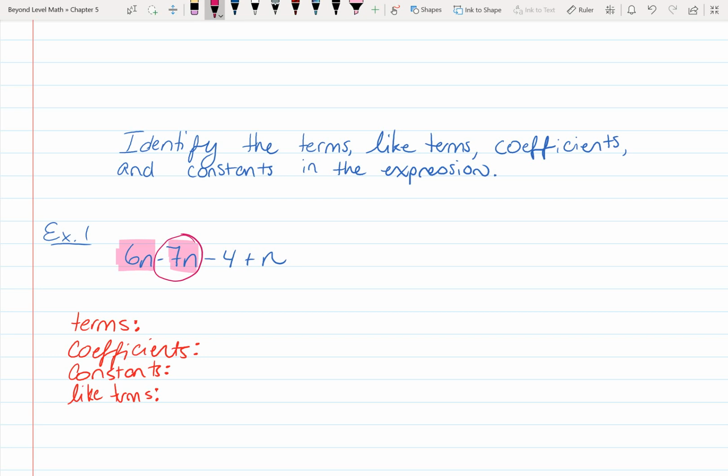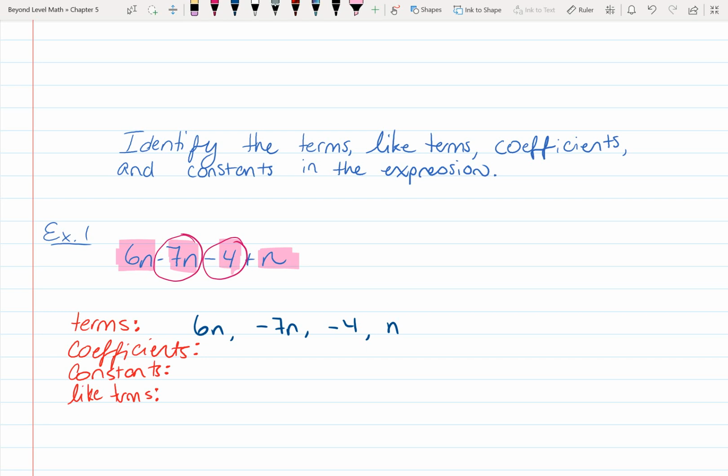So it's really negative 7n. Same with this 4. It's not just 4, it's negative 4. And then here, n is just positive n, so you can just write n. So those are our four terms. So here we would write 6n, negative 7n, negative 4, and n. We're just labeling the terms.